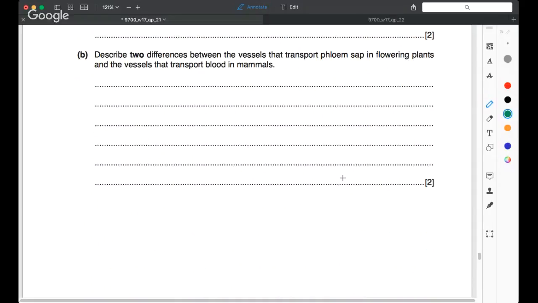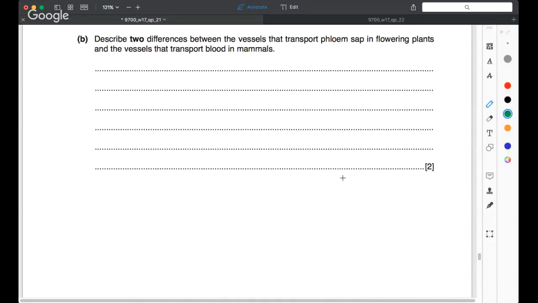I was about to mention that arteries and veins both consist of 3 tissues. You would get the mark for that. Okay. I appreciate your approach to just make it as broad as possible because the question is very broad. But if you were struggling for answers, compare both the broad term blood vessel versus sieve tube, go ahead, go into the detail.